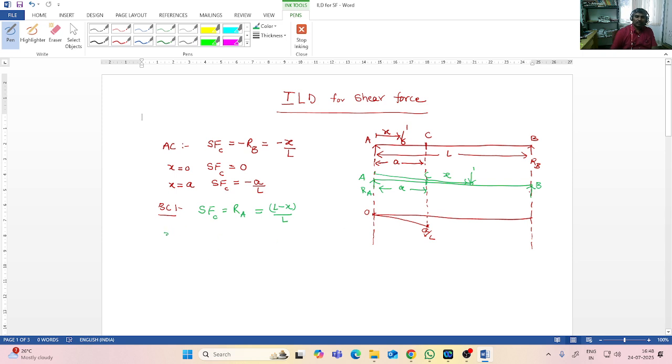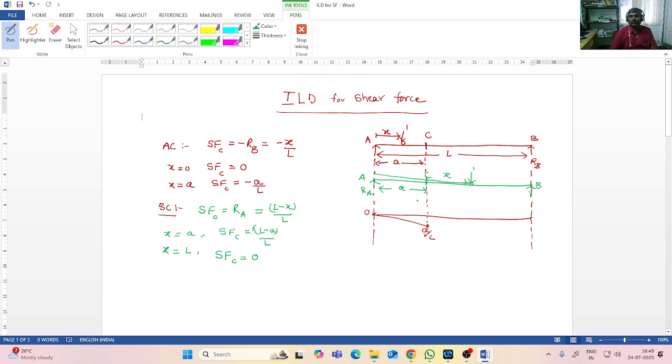Now, by positioning the load from C to B, we can complete the remaining diagram. When the unit load is at section C, x will become a. So when x is equal to a, shear force at C will be L minus a by L. When the unit load reaches support B, x will be L. In that case, shear force at the section C will be, when you substitute x is equal to L, L minus L, 0.